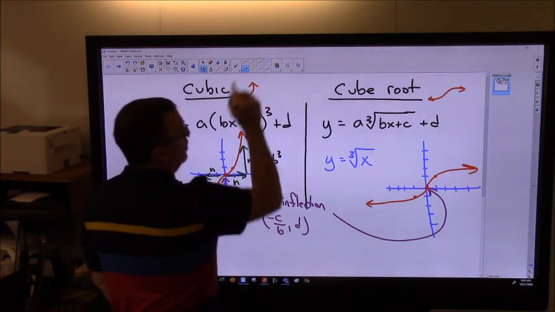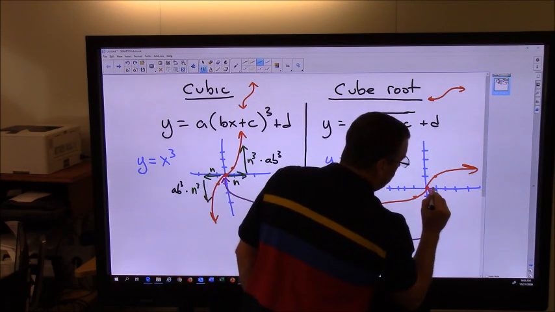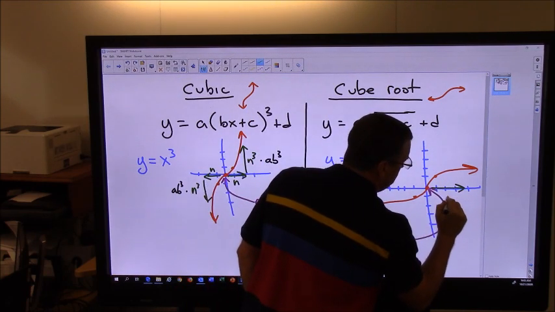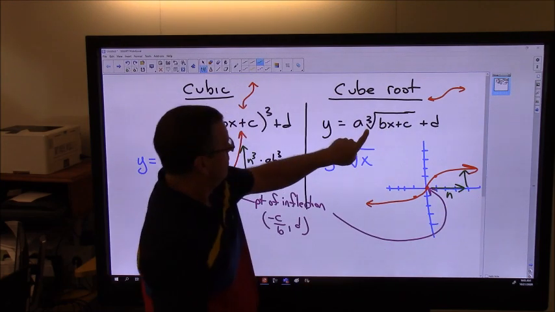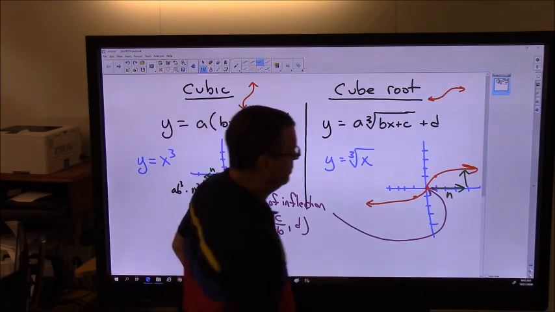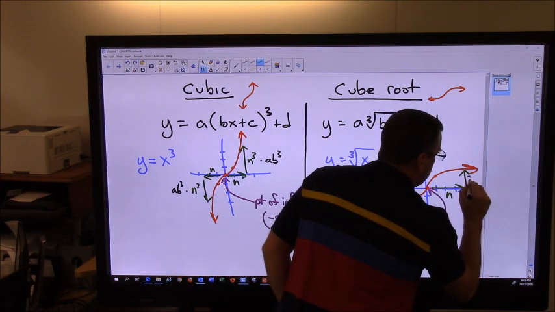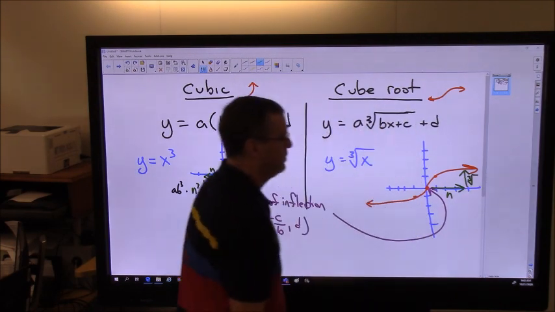If we ask ourselves what's normal, however far we go this direction, we have to go up the cube root of that. So the cube root of n.